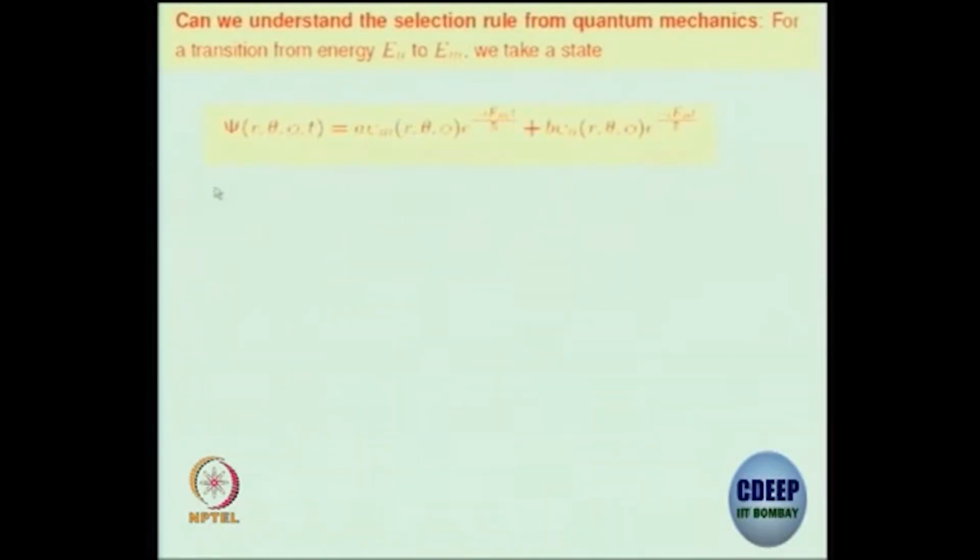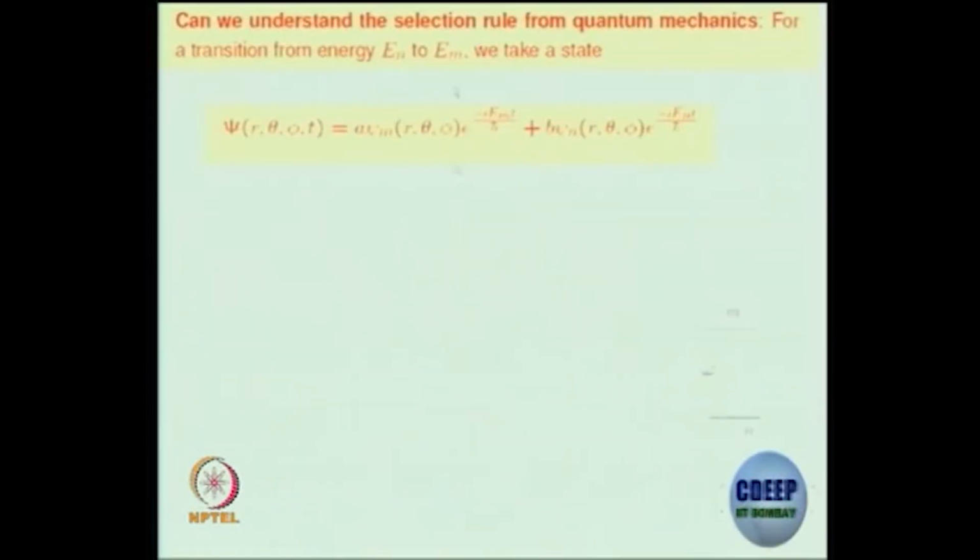To understand that, try to write an arbitrary state. I told you that this toggling cannot happen unless you write a superposed state. If it is in a stationary state, it will remain in the stationary state. There is no way you can undergo a transition. To understand a transition, you need to take a superposed state of these stationary states.